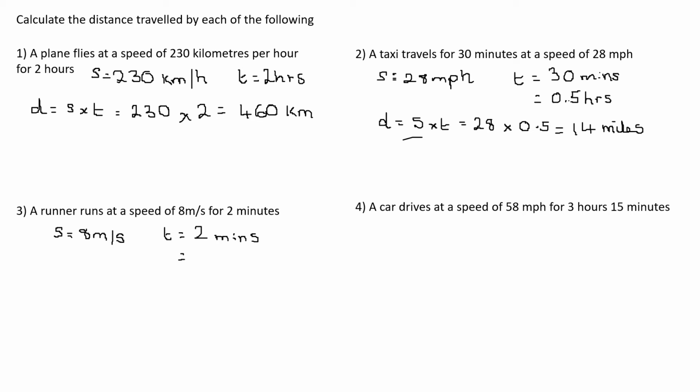So I'm going to change my time into seconds. So there's 60 seconds in a minute. So I will have 120 seconds in 2 minutes. And now that my units match, I can do my calculation. So distance is speed multiplied by time, which will be 8 multiplied by 120, and that will give me 960 meters.